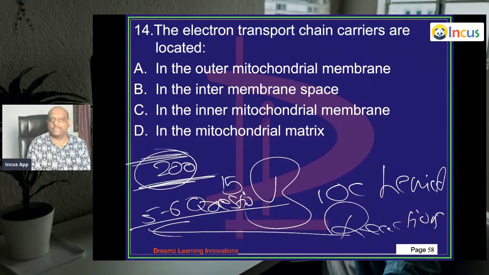As tips: in every reaction, what is the rate limiting enzyme? What are the substrate level phosphorylation steps? Be solid on everything.